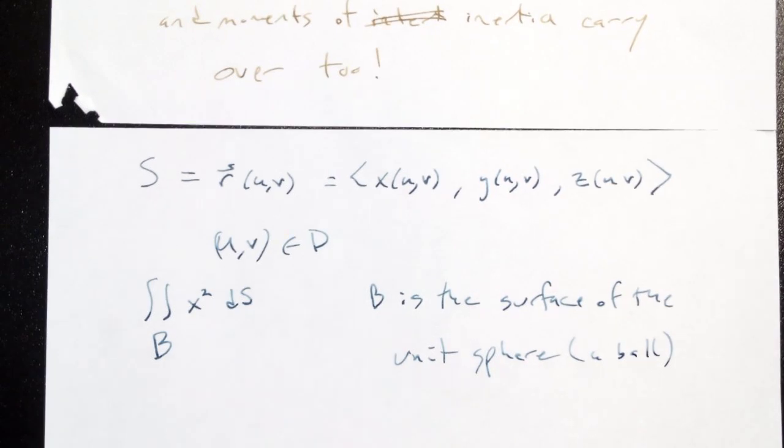That's why I changed it to B. If you want to use S for sphere, that's fine. It works the same way. I just get tired of seeing S in the bottom and S in the integral. Makes me twitchy. But that's a personal foible of mine.